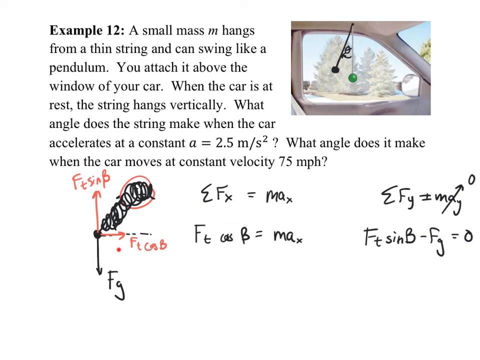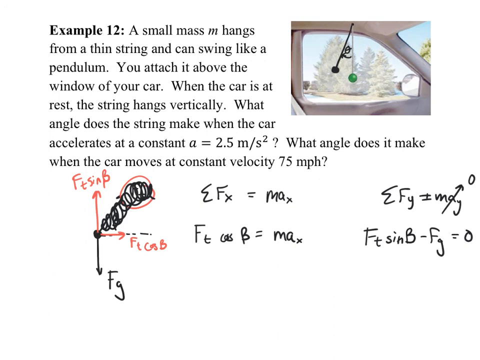This is the only x force, and that equals ma. There's got to be acceleration if there's an unbalanced x force. But in the y direction, we've got the tension pulling up right here, and then we've got gravity pulling down, and those are balancing each other. And again, the idea is that once this object starts accelerating, the mass itself will be at a constant angle theta that won't change.